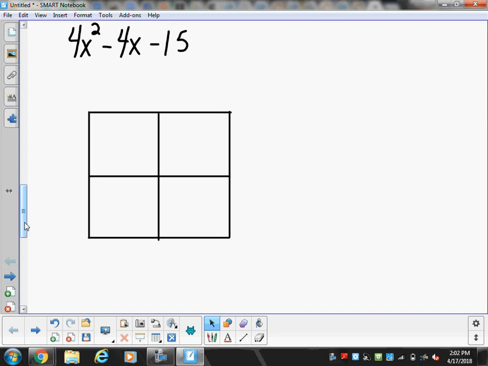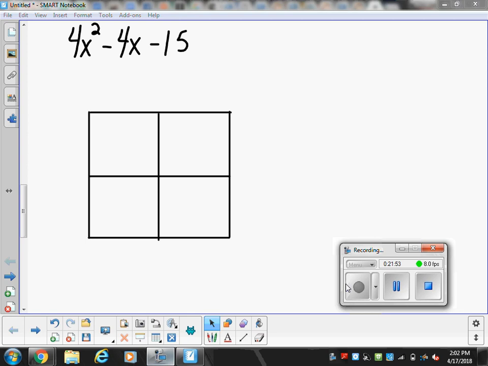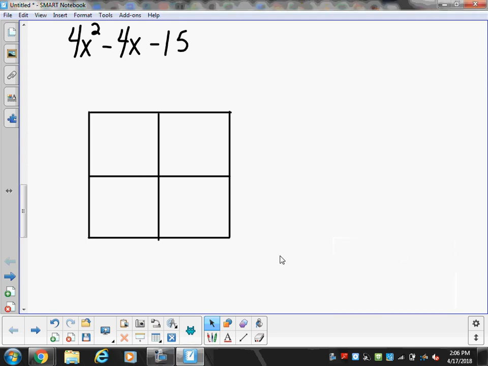Okay, so let's see if we can get the box filled in from what you got here. Okay, first box, 4x to the second power. Okay, quiet please.